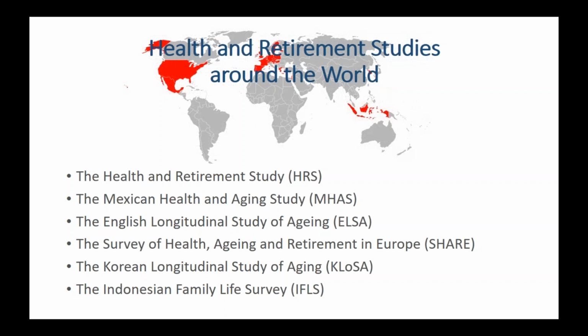After the HRS started, a similar sister study started in Mexico called the MHAS. And then a study called ELSA started, which focused on England. You can see more and more studies have continued to be added to this network of studies. One of the ideas in having this network is that you can compare aging and retirement in the older life process between different countries.